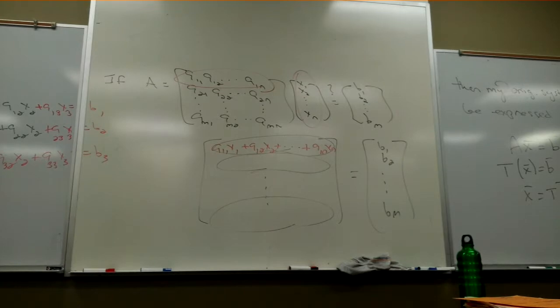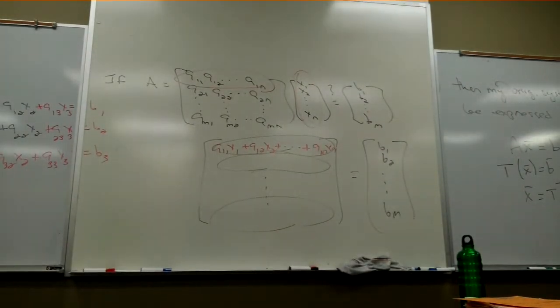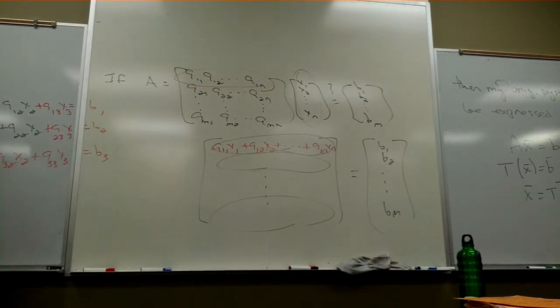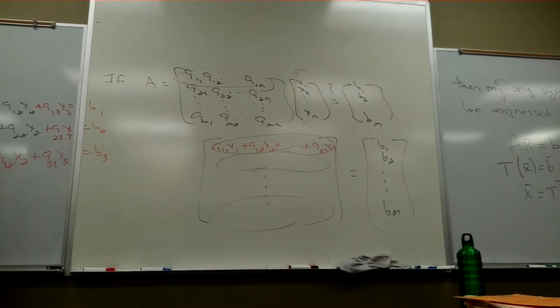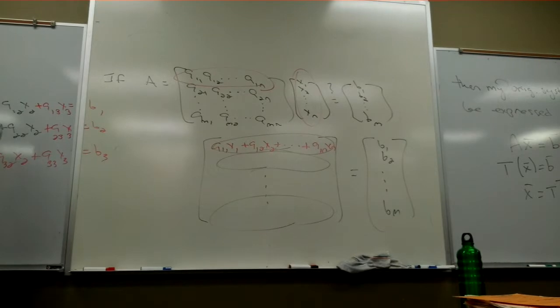Actually, that's all just one brief second, because I'm going to use this. So I'm a little confused. If we're saying that the X column matrix and the B column matrix are not equal to each other, then how come it looks like they are over there? Can you say that all over again?